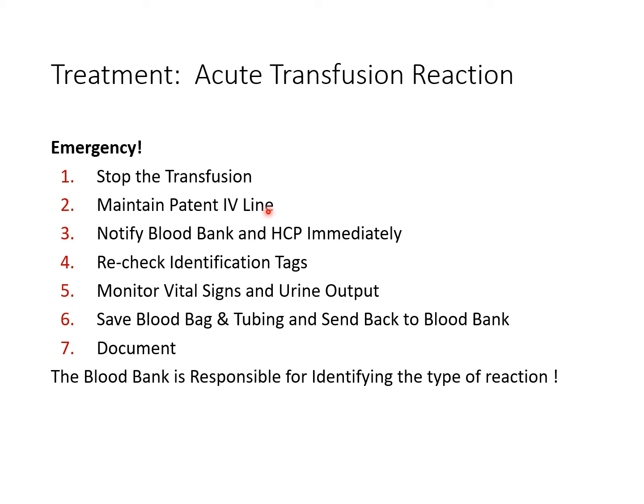If you stop the blood and then restart the normal saline, in order for the normal saline to infuse through, the blood that was already in the tubing would have to go first. So that's a no-no, that's a problem.